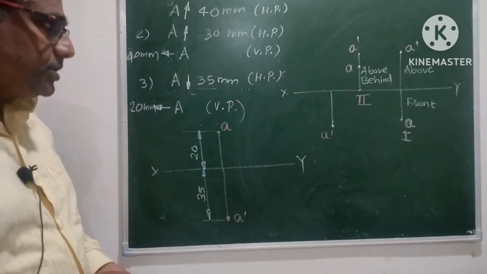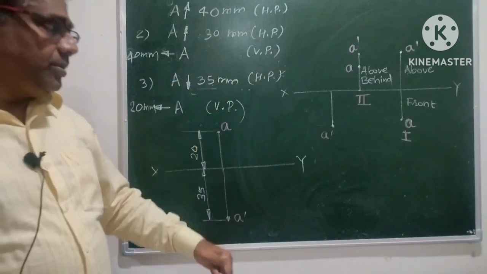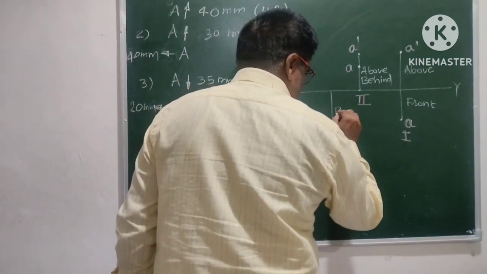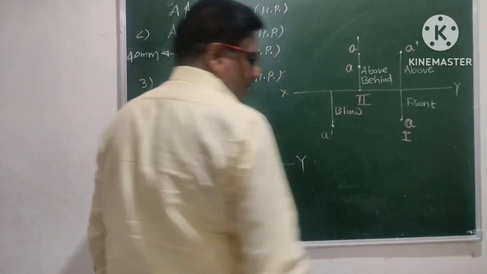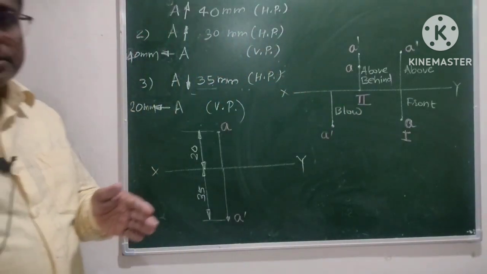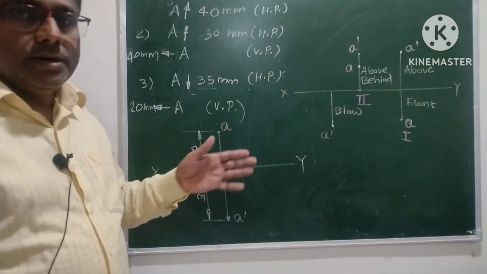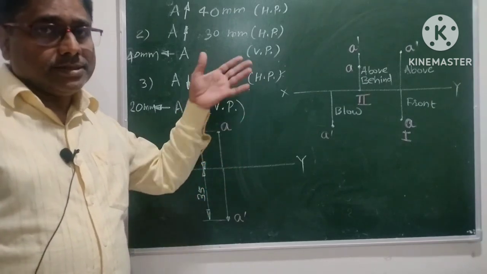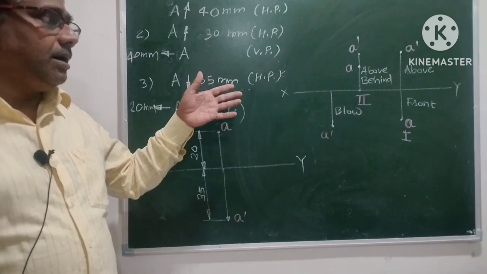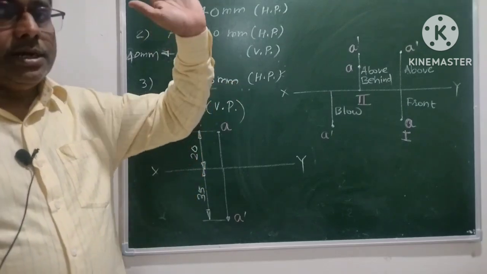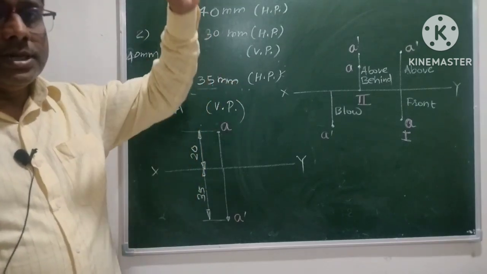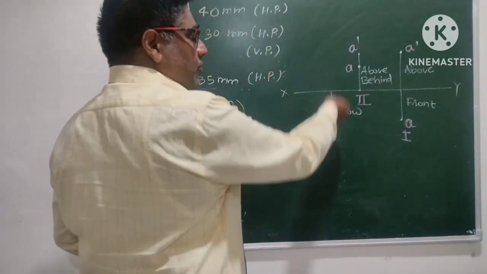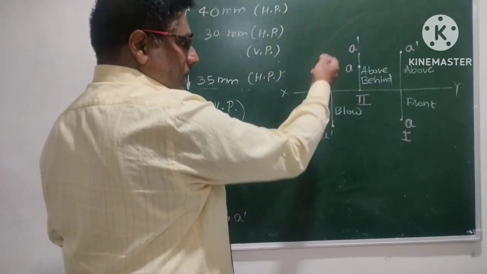And what was the description? The point is below XY. Now it is some millimeters behind VP. After drawing its top view on the rear side of that horizontal plane, and after rotating that top view, it will come above XY line, on the same vertical line through A dash.